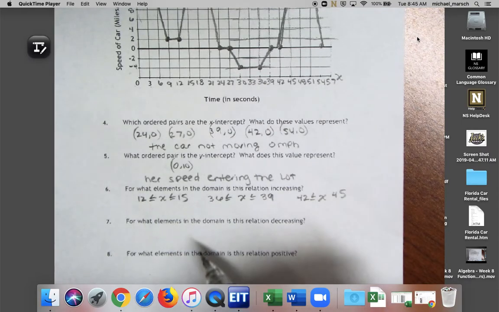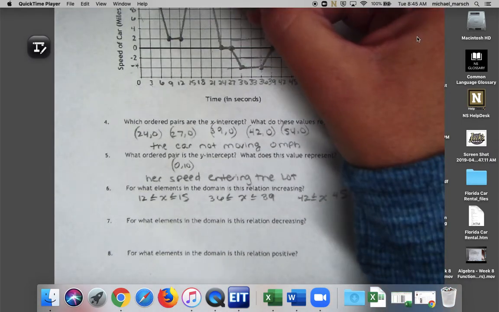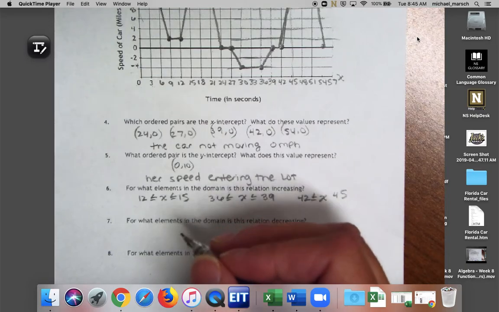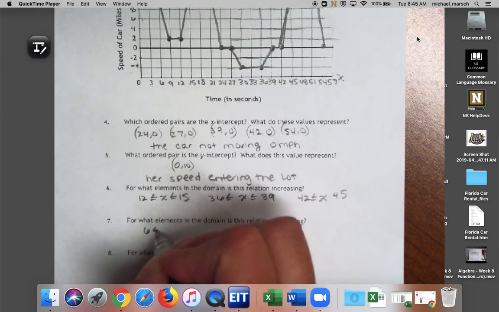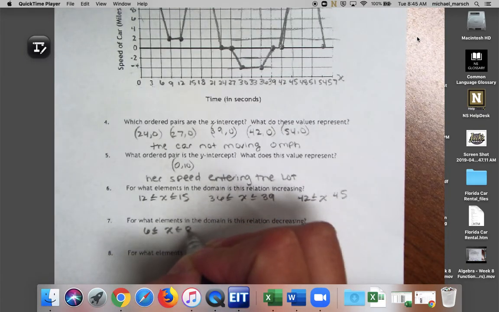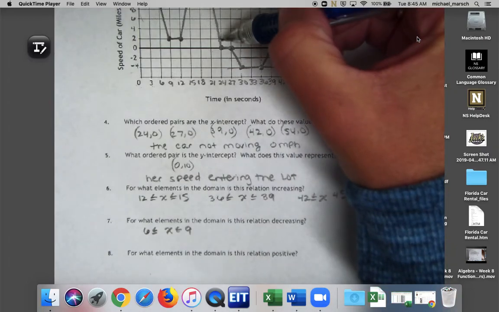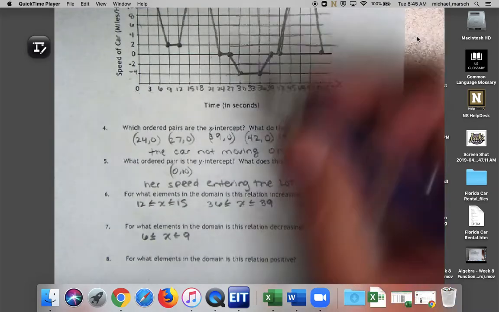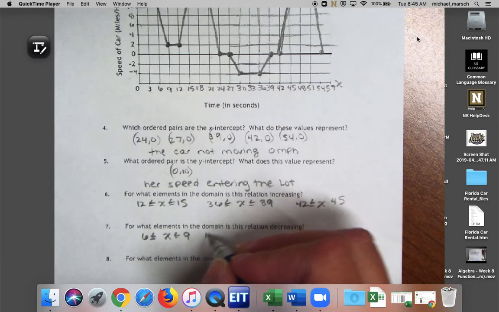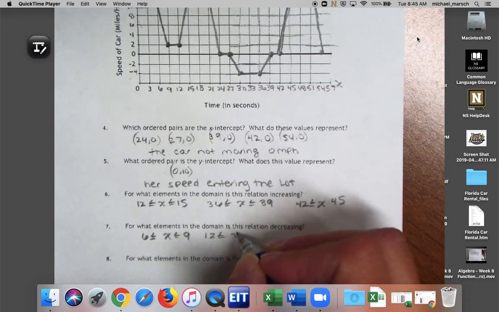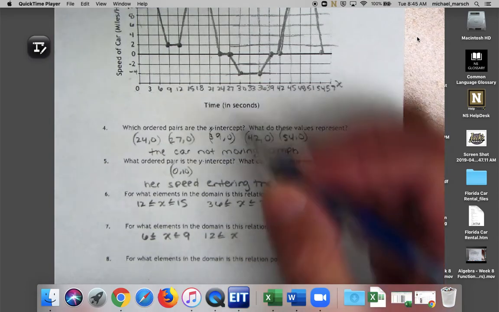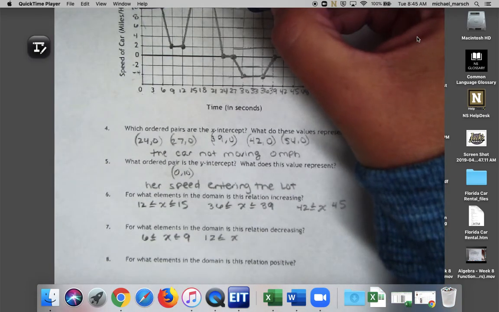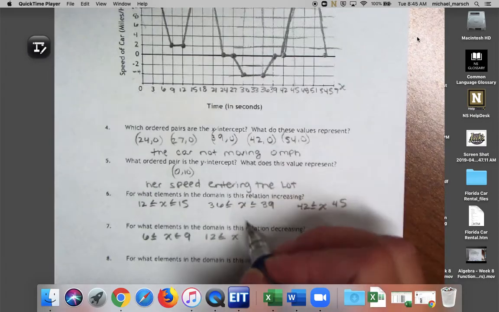So when is the domain decreasing? Well, it decreases from 6 to 9. It also decreases from 12 to 0. Excuse me, not 12 to 0, 21 to 24.